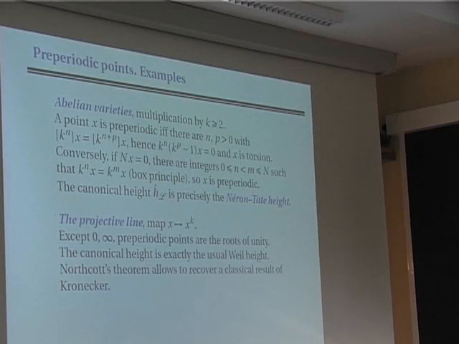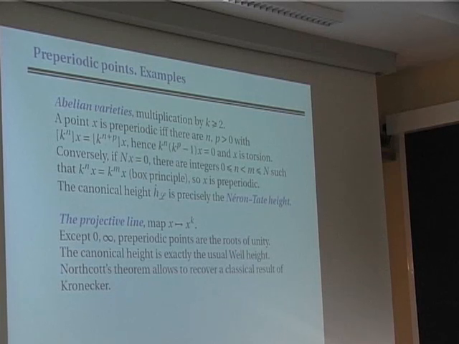For the projective line, if you look at the map x to x^k, then the pre-periodic points are exactly 0 and infinity, and the roots of unity in the affine line. And the canonical height is exactly the Weil height, because it's a standard thing that is proved in height theory, that the height has this canonical property.